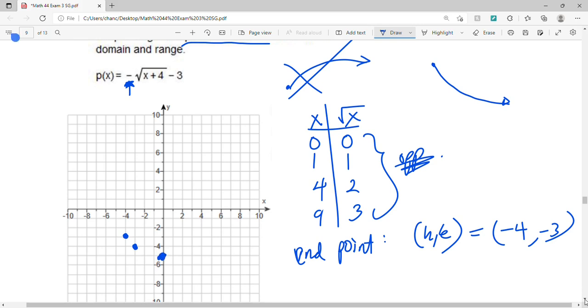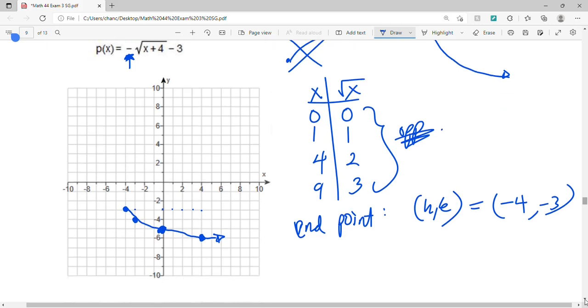And for the last point, we'll go right 9. So this is right 4, 6, 7, 8, 9, and we'll go down 3 units and connect it all. And this is a square root function. And we're not judging your art skills, so just try your best to connect all the points.